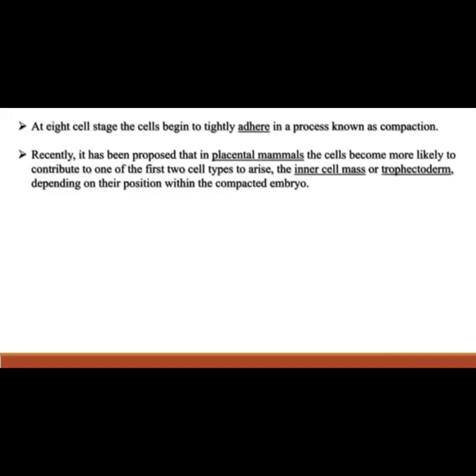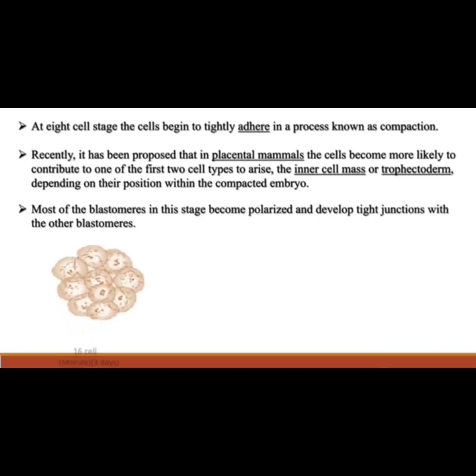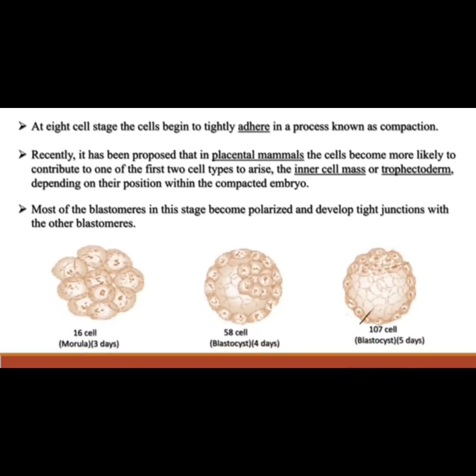A single cell can be removed from a pre-compaction 8-cell embryo and used for genetic testing, and the embryo will recover. Most of the blastomeres in this stage become polarized and develop tight junctions with other blastomeres.